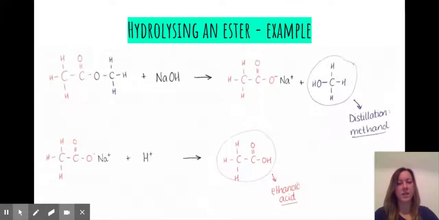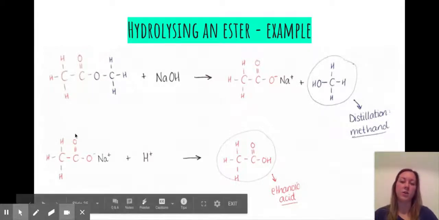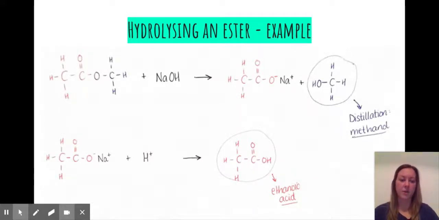So hydrolyzing an ester is the complete reverse reaction of condensation. Rather than having two molecules come together to make one large molecule with a loss of a water molecule, this time we are obtaining our two smaller molecules back, which are our carboxylic acid and alcohol.